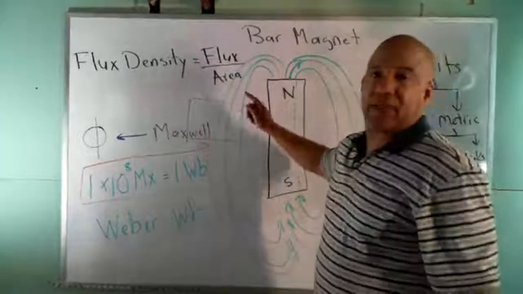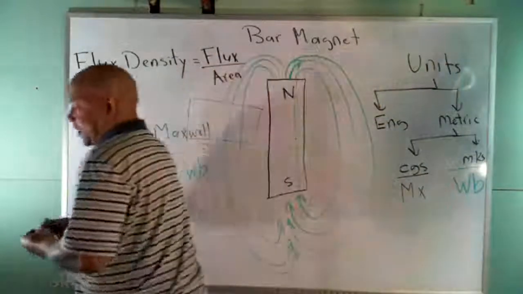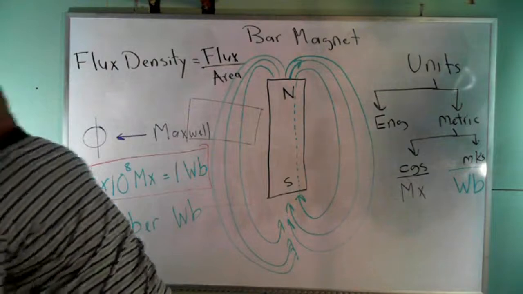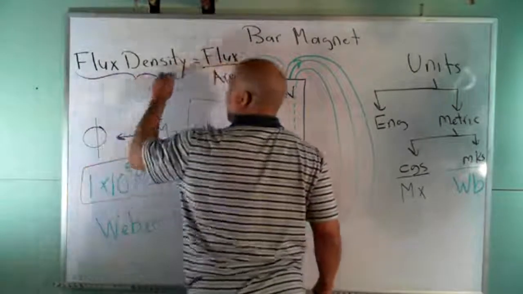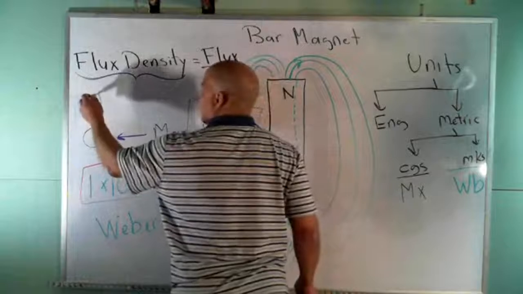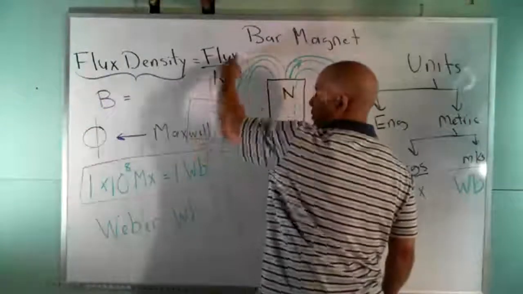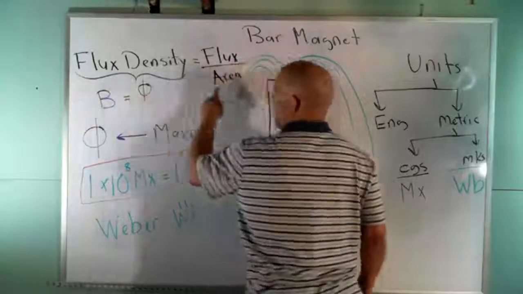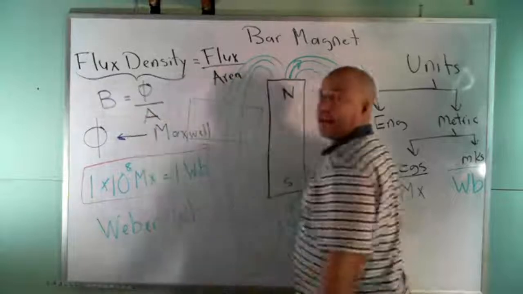Now let me write this using symbols. For flux density, we use the letter B. B as in boy. So B equals flux. Well, we use that for flux. And for area, we use A, like that.